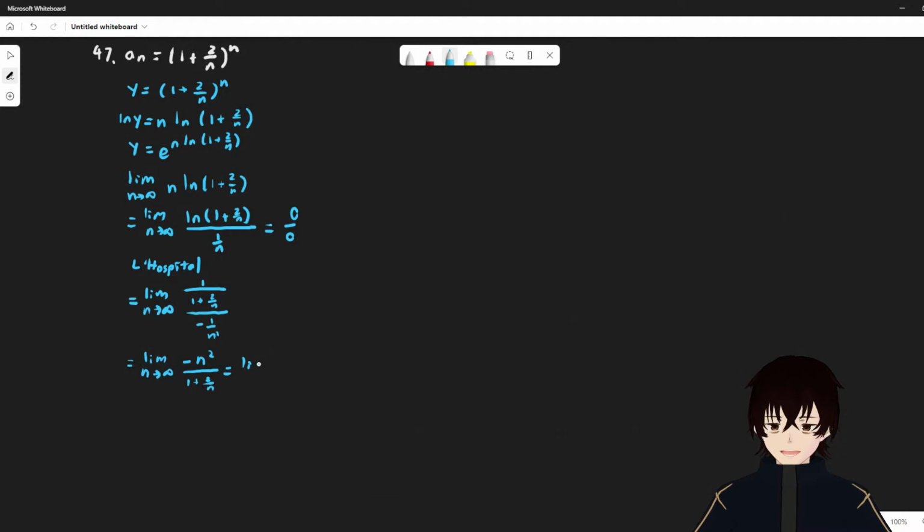It rewrites that as the limit as n approaches infinity of negative n squared divided by n plus 2 over n.